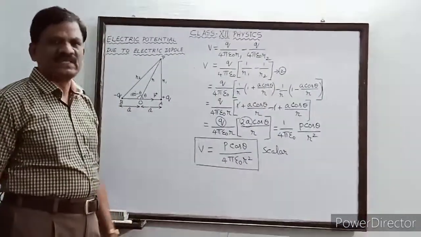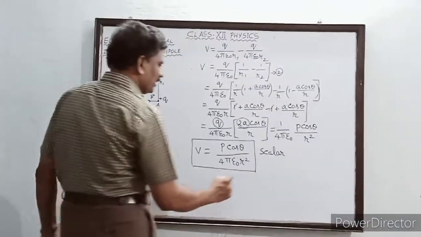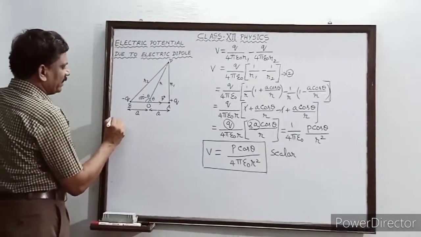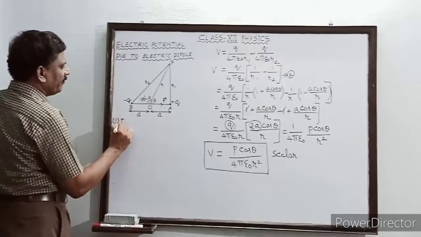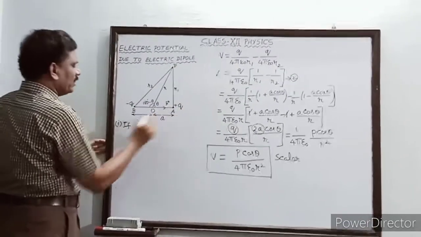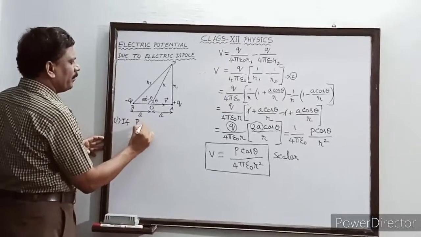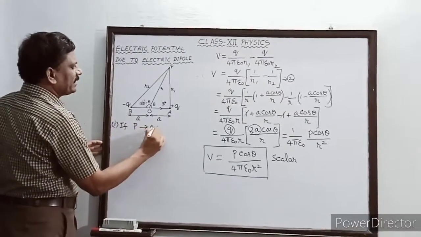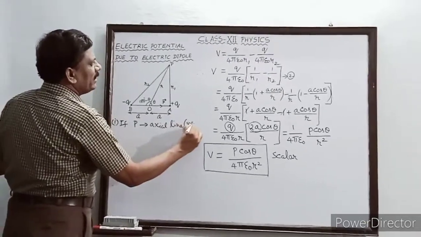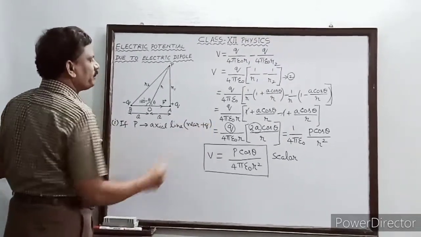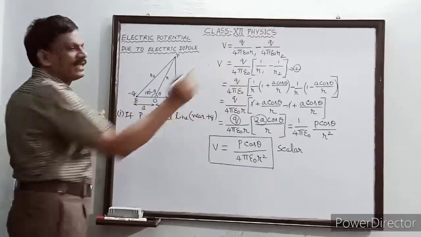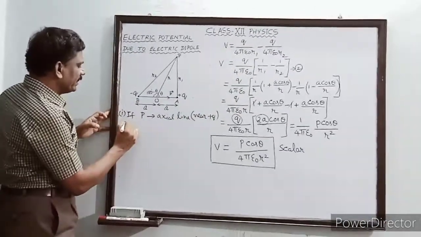Now, there are some special cases. So, what are the special cases? You see here, I will take case 1. Case 1: if this point P is lying along the axial line, near plus Q. When this point is taken along the axial line like this, here or here, what will be theta in this case?